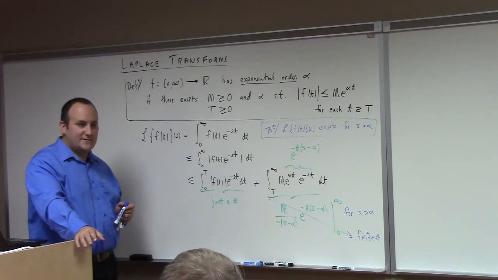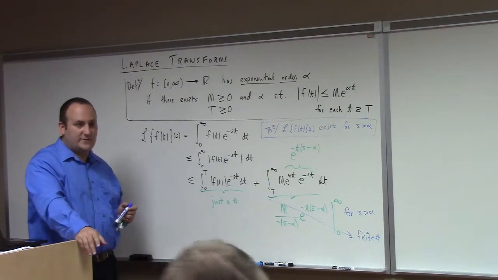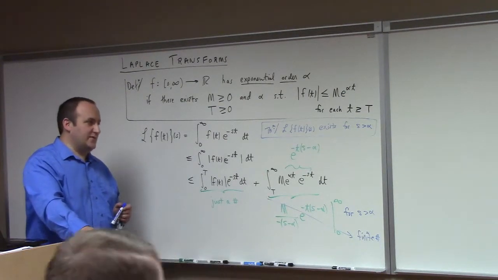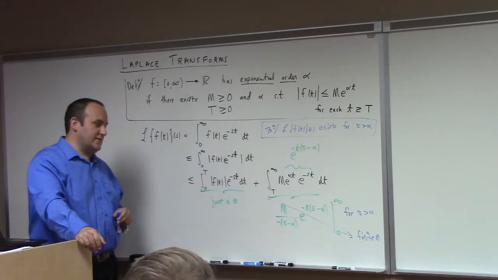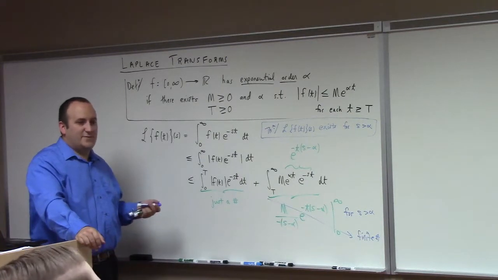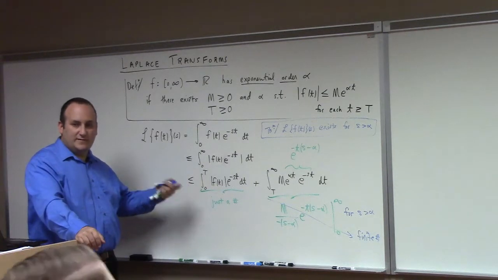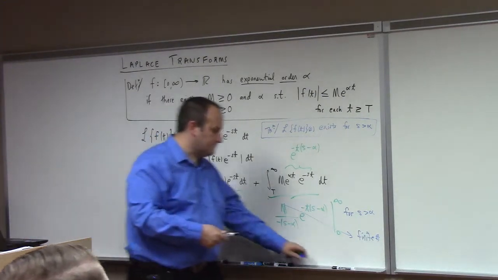Sines and cosines certainly have exponential order alpha, right? If you take an exponential times sine or cosine, again, you can prove it has exponential order alpha. All of our favorite solutions to constant coefficient ordinary differential equations have exponential order alpha. And we saw that last time because we calculated the Laplace transforms and they worked out, right? What were those? Let's remind ourselves.